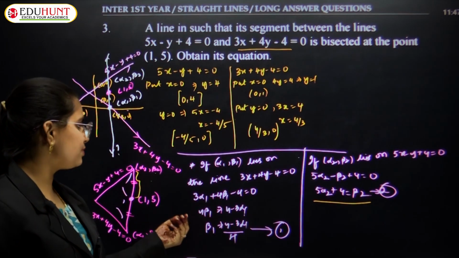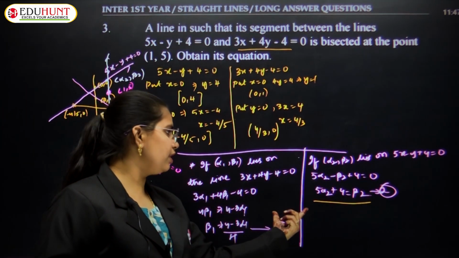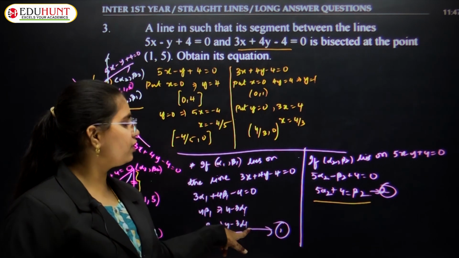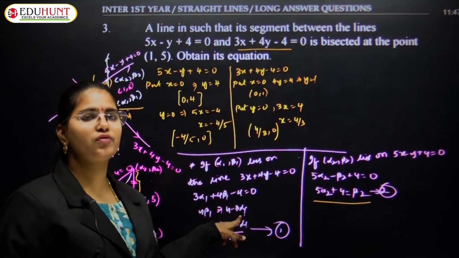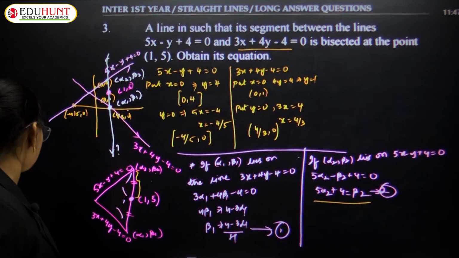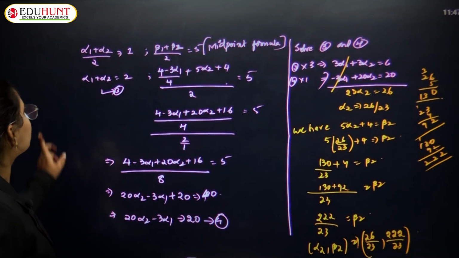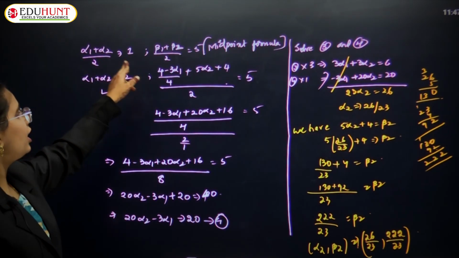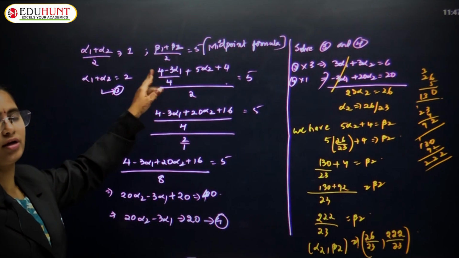If we substitute those two in the equations, we will get two different values, of the form beta 1, beta 2. After this, what did we do? First we have (alpha 1 plus alpha 2) by 2, using the midpoint formula. Why?